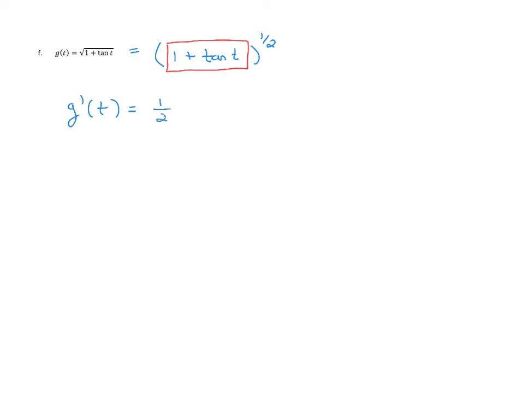So I'll bring down the half, copy down my variable, and subtract 1 from the exponent. A half minus 1 is negative 1/2. But by the chain rule, I need to multiply by the derivative of this thing. The derivative of 1 is 0. The derivative of tangent of t is secant squared of the variable t. And that's it.